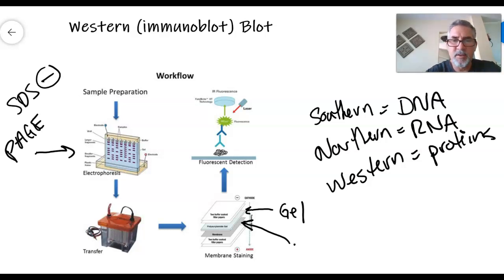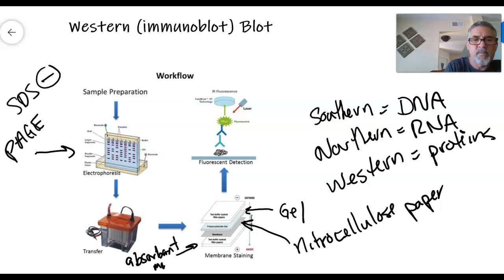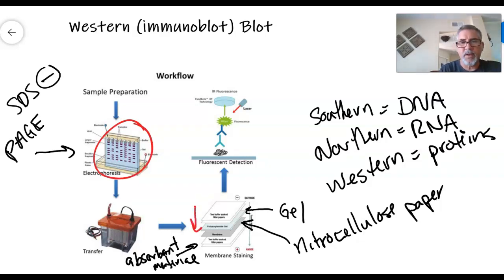All right. So the important part here that shows up on tests: my nitrocellulose paper and other absorbent material, right? So what'll happen is my negative charge will push proteins off of my gel in this direction, and those proteins will be absorbed.